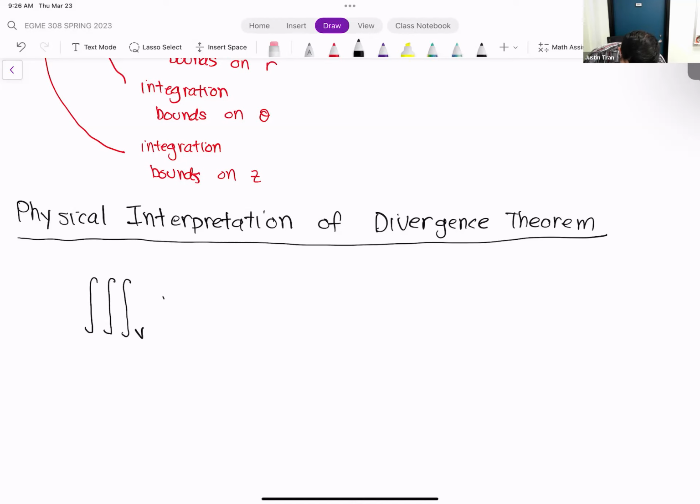All right, so there's our divergence theorem. I'm going to start with the right side because we've been talking about the surface integral a bit already.